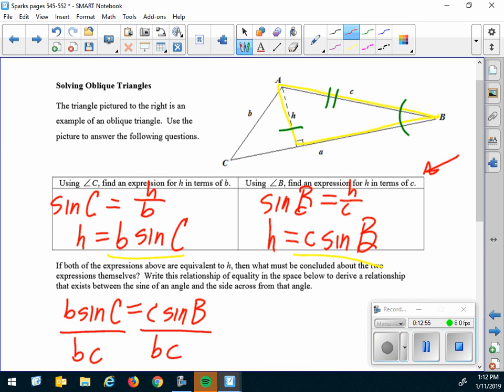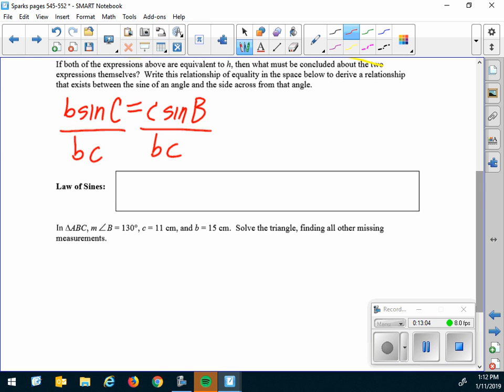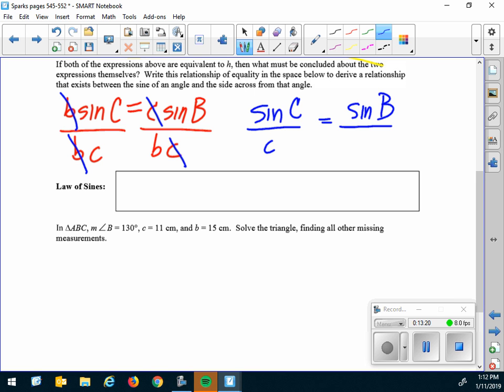Because they are side lengths. Can I have a triangle if one of those side lengths is 0? So b times c cannot be 0. Now let's see what happens. Here the b's cancel. Here the c's cancel. So look what I'm left with. I'm left with the sine of angle C over side C equals the sine of angle B over side B. Ladies and gentlemen, welcome to the law of sines.